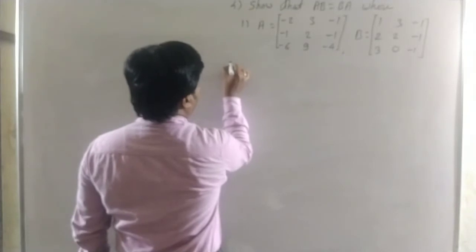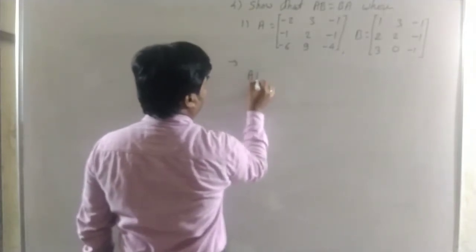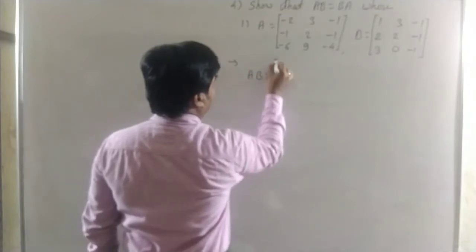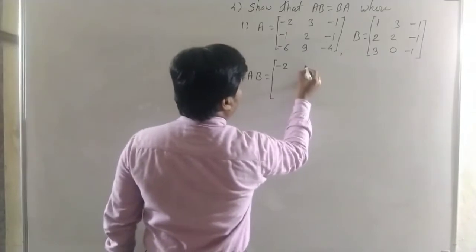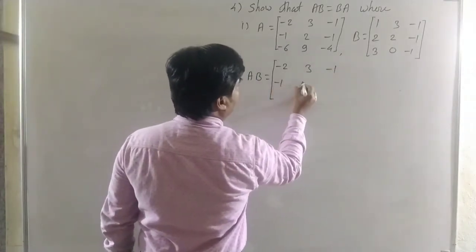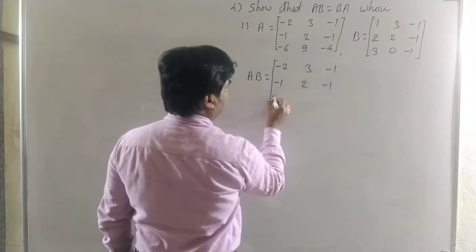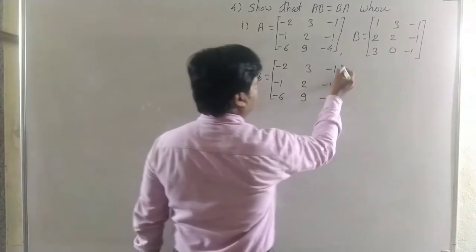The solution, first we find the A into B. Here, minus 2, 3, minus 1, minus 1, 2, minus 1, minus 6, 9, minus 4.